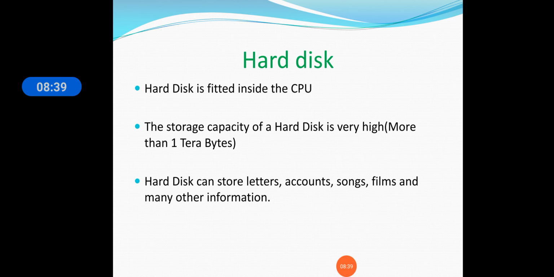Hard disk can store letters, accounts, songs, films and many more other information of your choice.